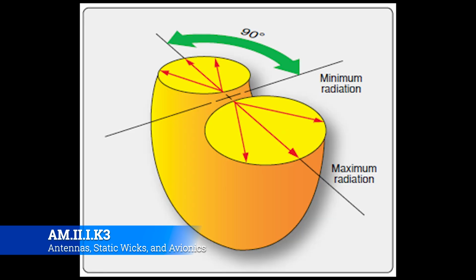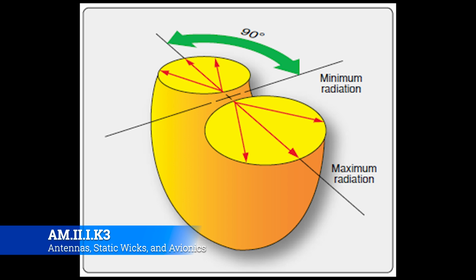Okay, so this is another aspect of antenna lobing, in this case polarization. The diagram we just looked at was a vertically polarized antenna. This is a horizontally polarized antenna. Notice that the lobing, instead of going side to side, goes top to bottom and wraps around.